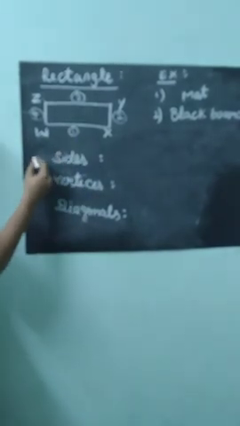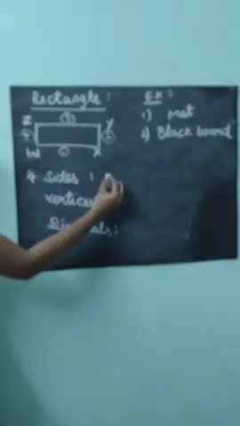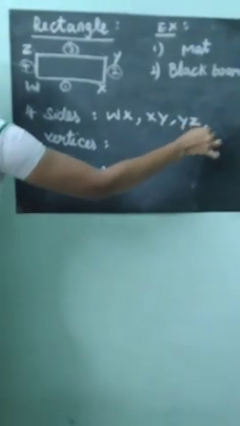There are 4 sides, and what are they? First side is WX. So WX, comma. Second side is XY, comma. YZ. ZW.